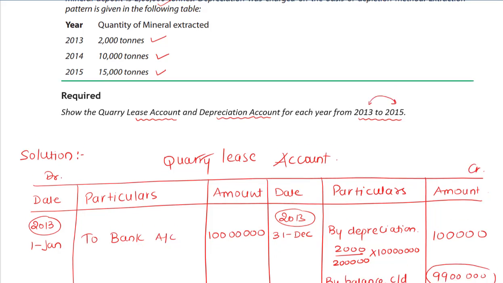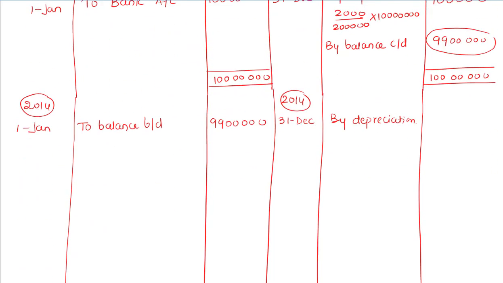Extracted amount is 10,000 tons, so 10,000 divided by 2 lakhs multiplied by 1 crore equals 5 lakhs.